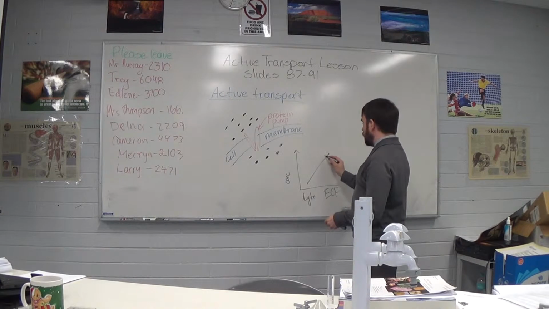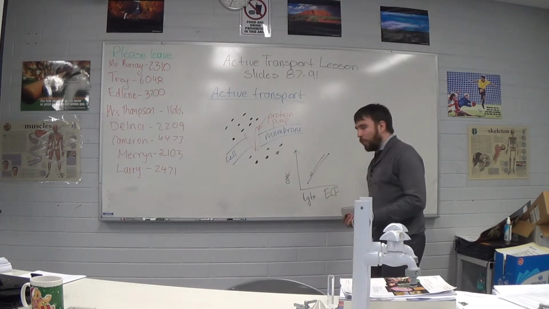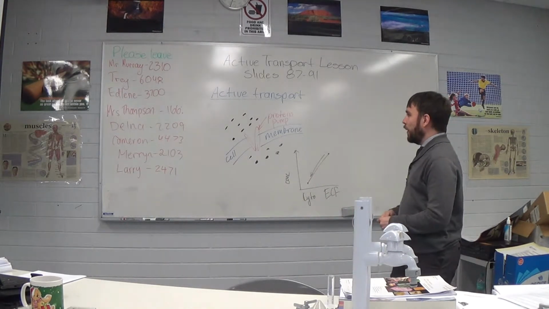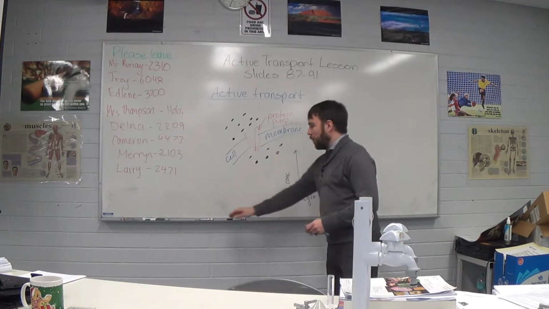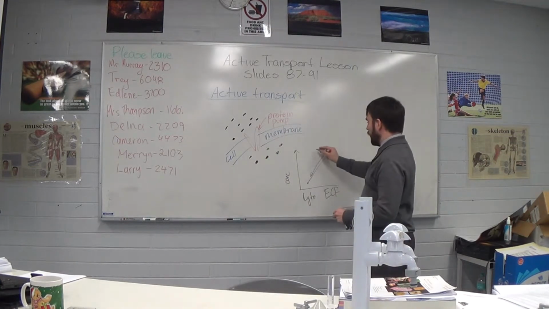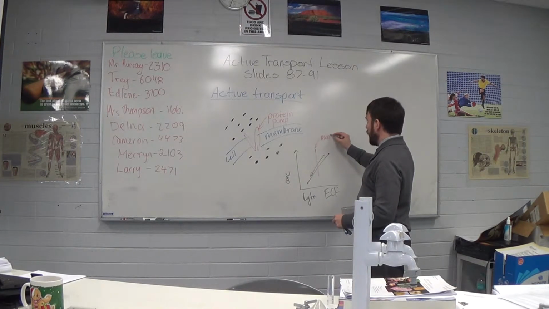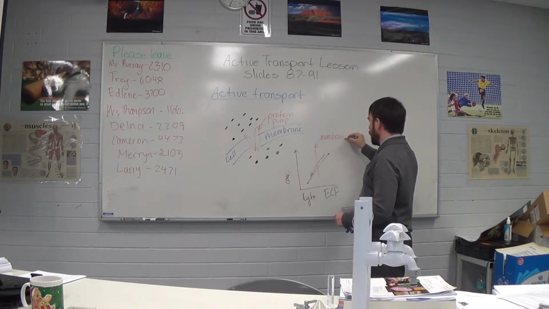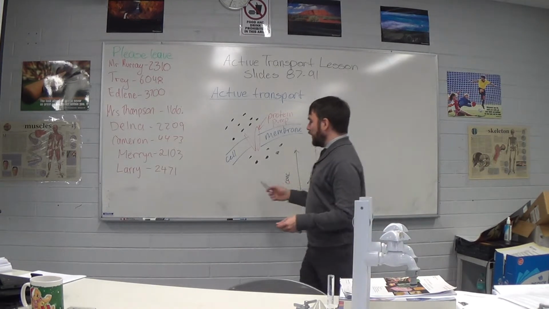So these molecules are going to naturally want to move into the cytoplasm, but they're impermeable to the membrane. So they're not able to cross the membrane in any other way. This is our membrane here. They're not able to enter in, but the cell needs them.